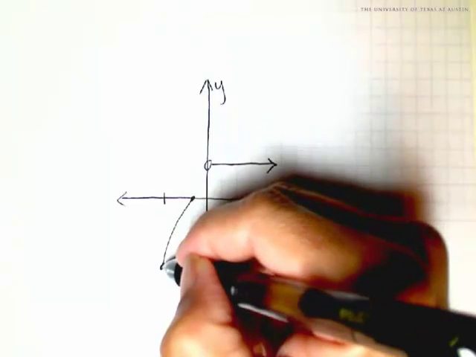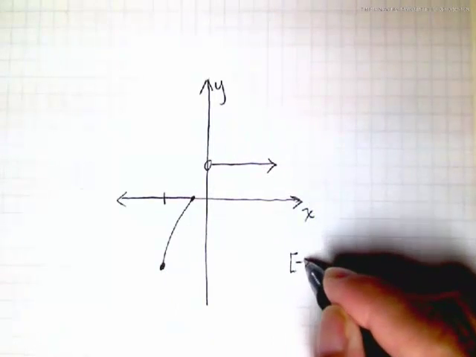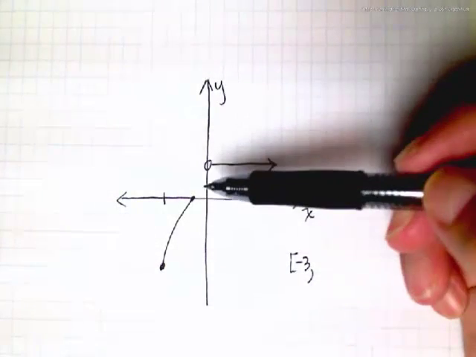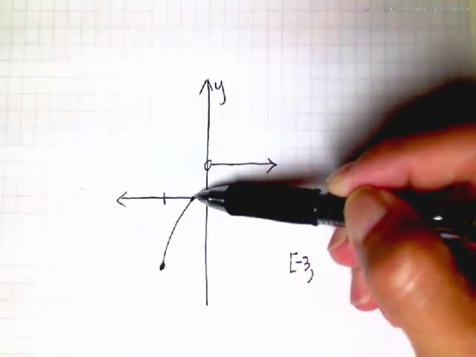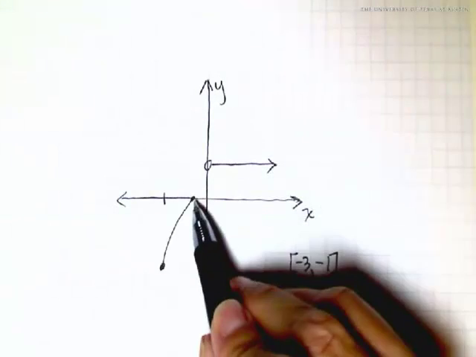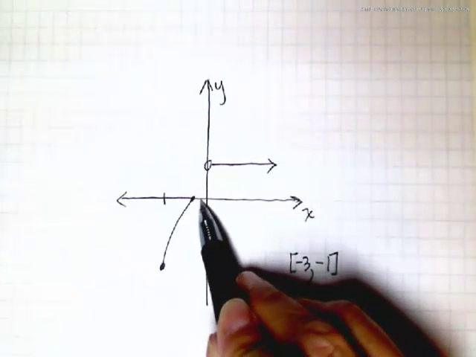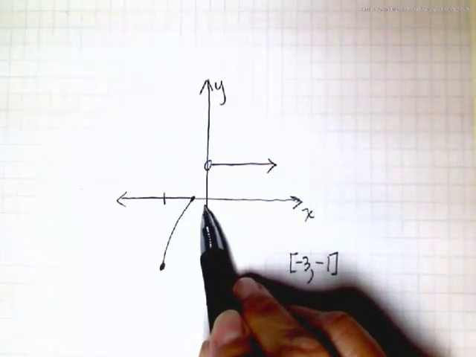To the left of -3, we have no representative, and we do include -3. So we know -3 corresponds to a point on my graph, and that is true all the way up to -1, and including. We have to stop there because between -1 and 0, we have no representatives. So no x values between -1 and 0 get mapped to my graph.